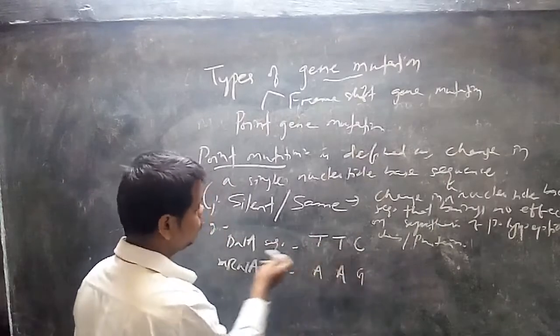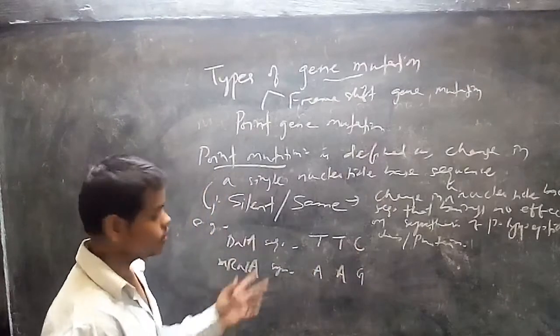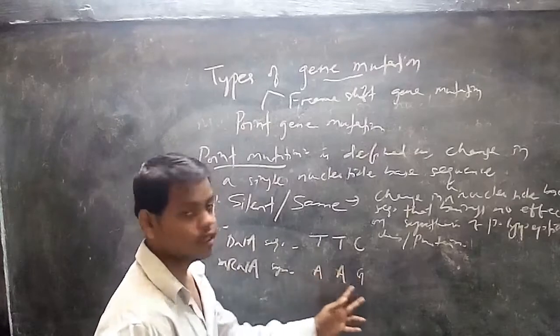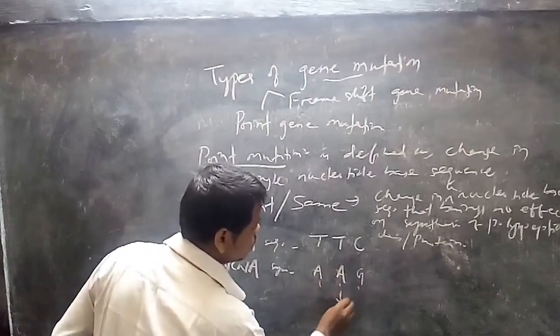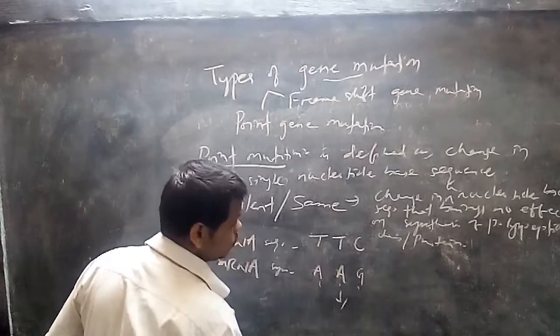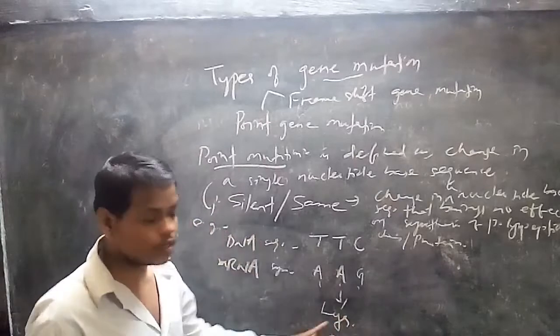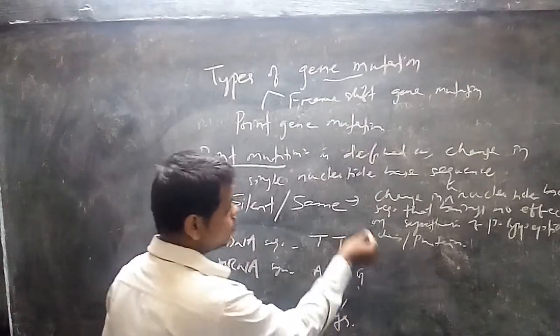So the mRNA synthesized from this DNA by transcription will have the sequence AAG, adenine adenine guanine. Then this AAG codon codes for an amino acid in the polypeptide chain called lysine. AAG codes for lysine. This is the normal condition.